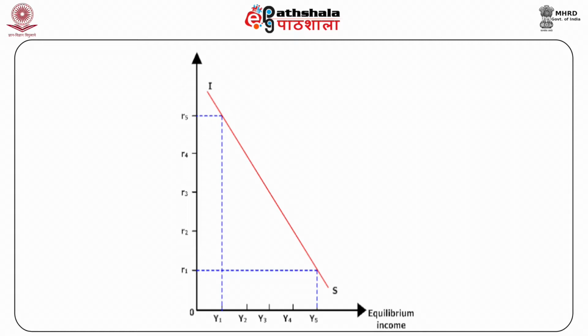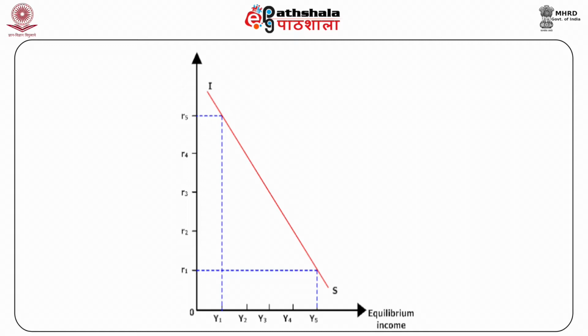Therefore, going back to our family of savings functions, we would notice that once again we have made a mistake in choosing the low level of the savings function S1 Y1. Instead, we should have chosen S5 Y5.